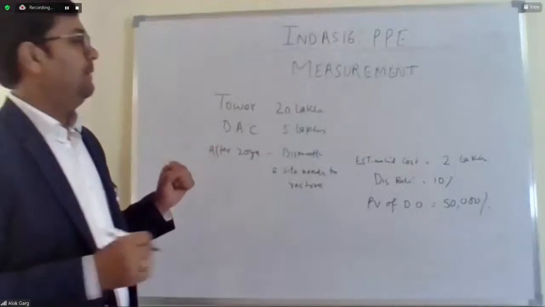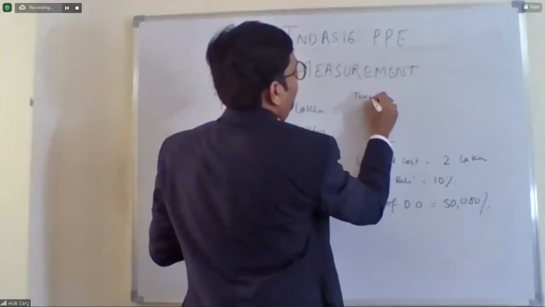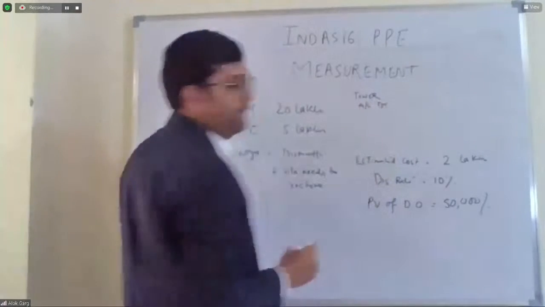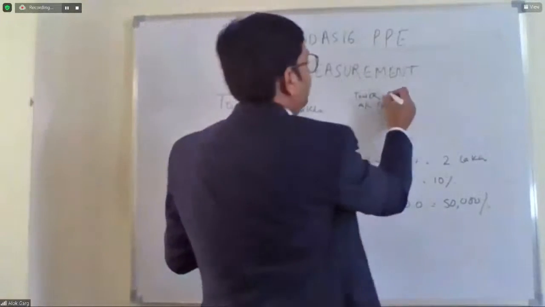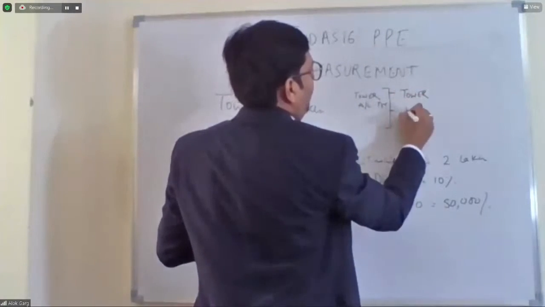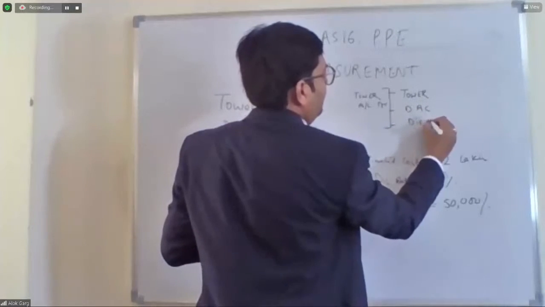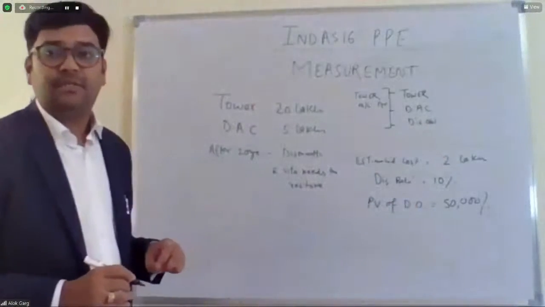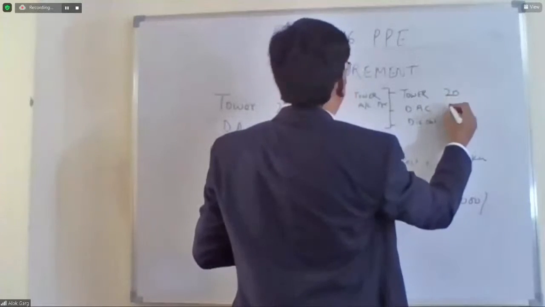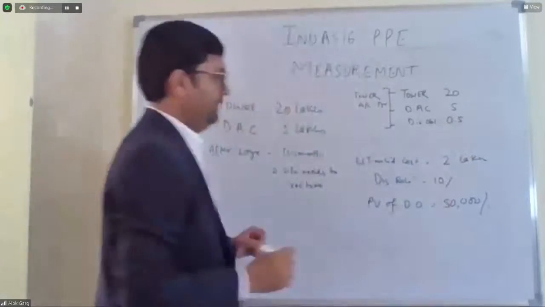The accounting entry will be: tower account debit. In the tower account, there are 3 types of asset. One is the tower, one is the directly attributable cost, one is the dismantling obligation. The tower is 20 lakhs, the directly attributable cost is 5 lakhs, and the dismantling obligation is 50,000, 0.5 lakhs.